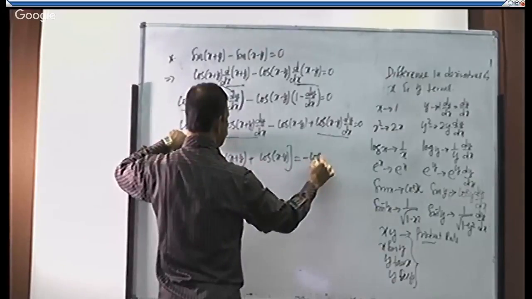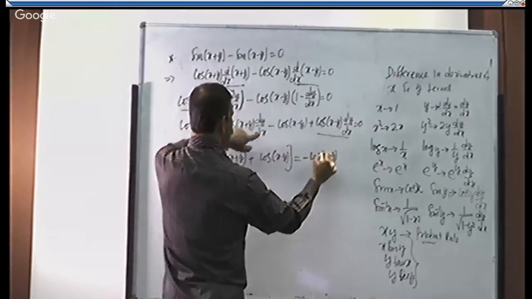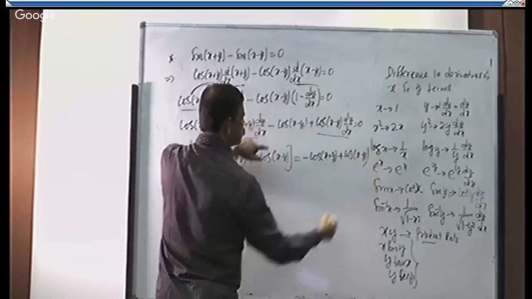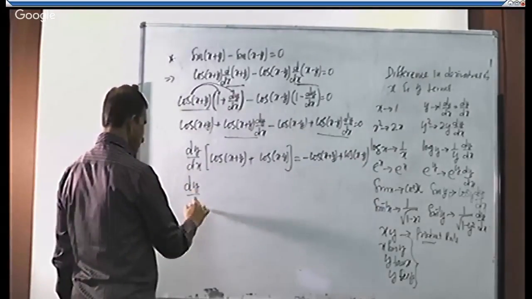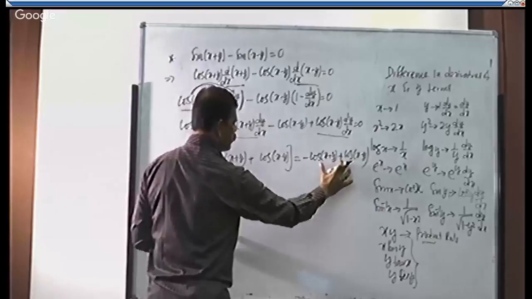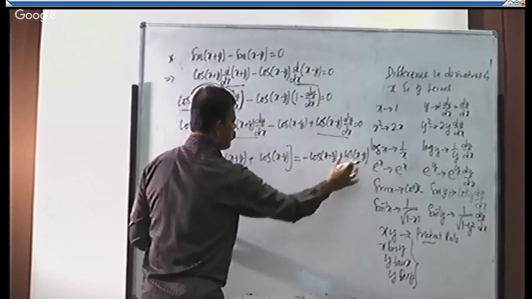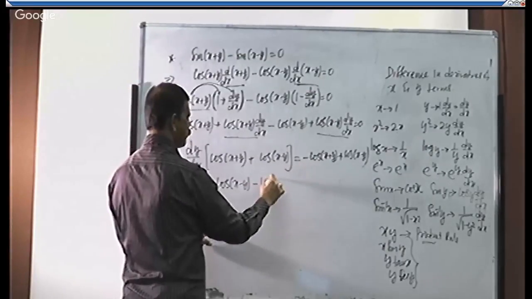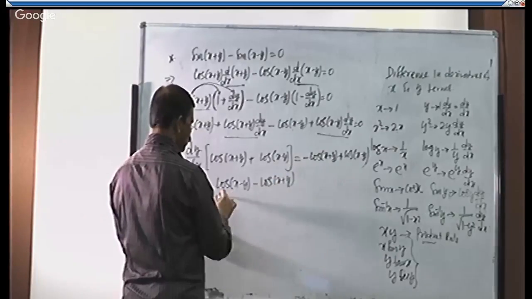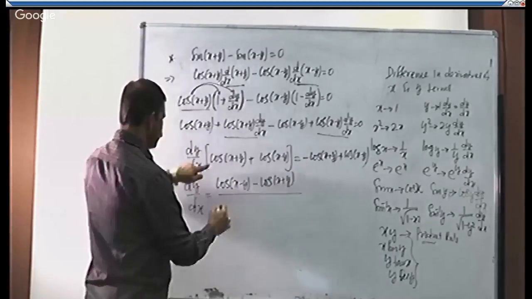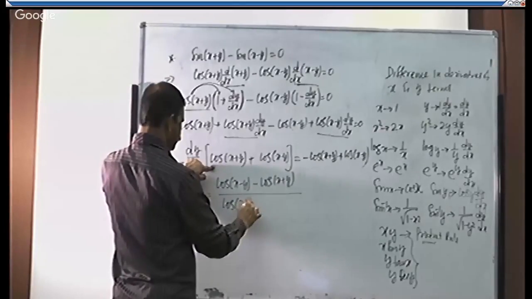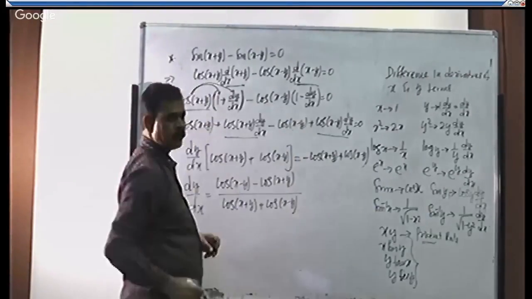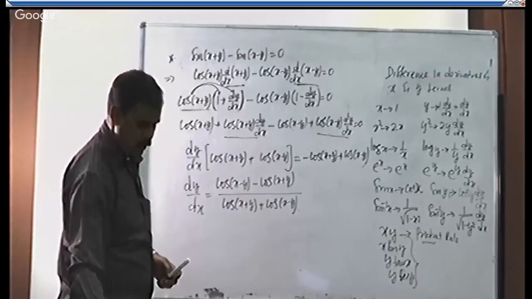Minus cos of x plus y, if taken to the right side, becomes plus cos of x minus y. So dy by dx is equal to, writing the positive term first, cos of x minus y minus cos of x plus y, divided by cos of x plus y plus cos of x minus y. This is the answer, right?